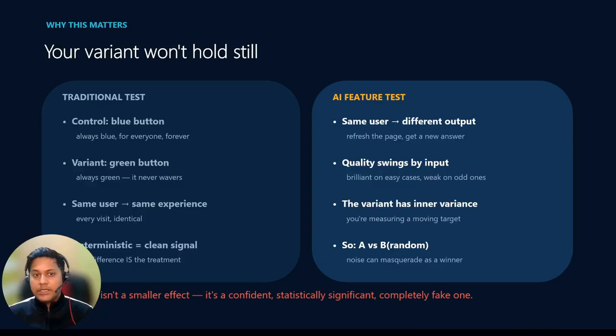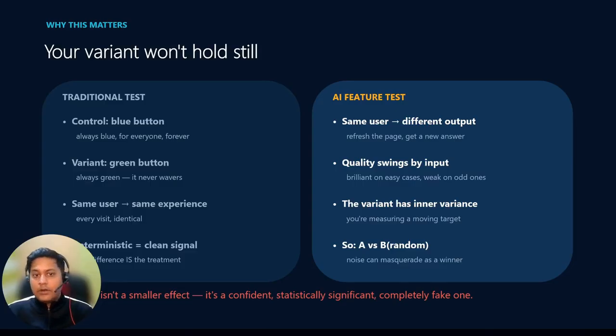Your test says the AI variant wins, p equals 0.03, and what actually happened is that during those 2 weeks the AI happened to roll well. That's what happened to us. The stats were not wrong. They answered a different question than the one we thought we were asking.